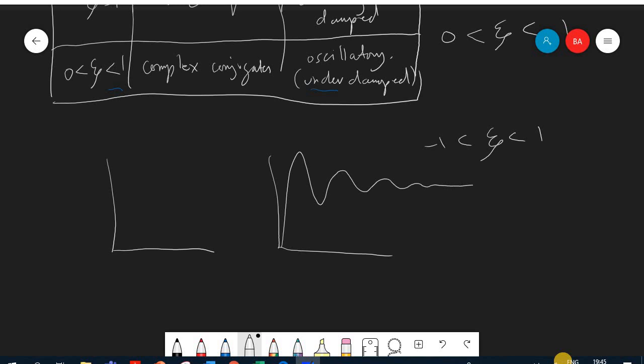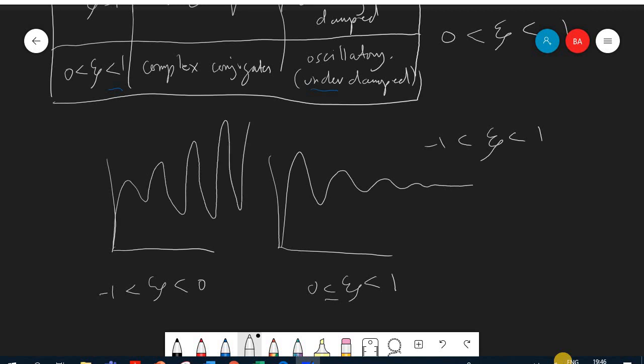That is Xi from 0 to 1, so it's oscillatory and it's stable as well, so that's why it goes down. However, if it is from minus 1 to 0, this will be something that looks like that. So it is like that, and then oscillatory, and then oscillatory, and it goes on, right?